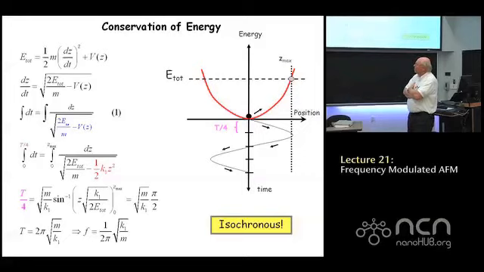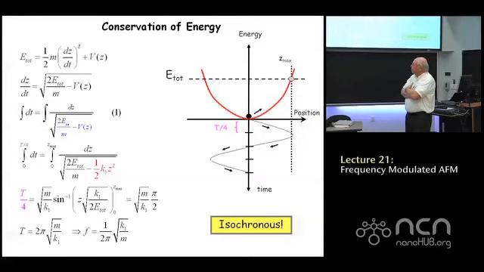And in particular, you can start to ask questions about the time that the particle spends at different points as it oscillates back and forth across that well. So that's the equation I label 1, right? You can formally take the second equation on that slide. You can solve for the time. And the time is an integral over position dz divided by that square root function that I've got in blue. Okay?